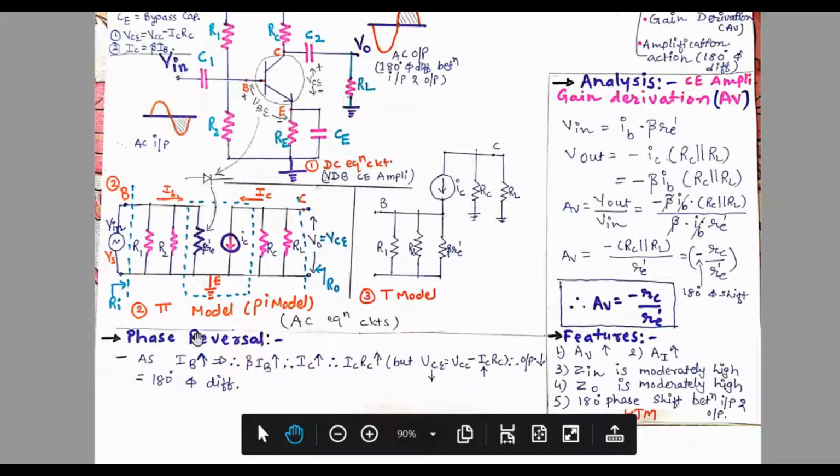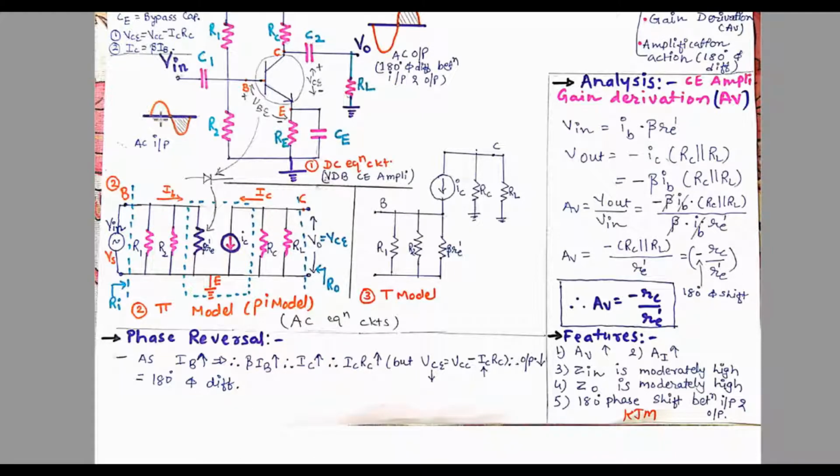So what have we studied? Input increases but output decreases. Finally, we can conclude from this cycle, input increases and output decreases. From the waveform also we can realize that input increases but output waveform decreases from the zero. Look at this.